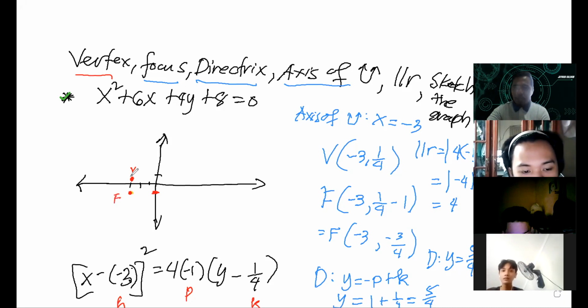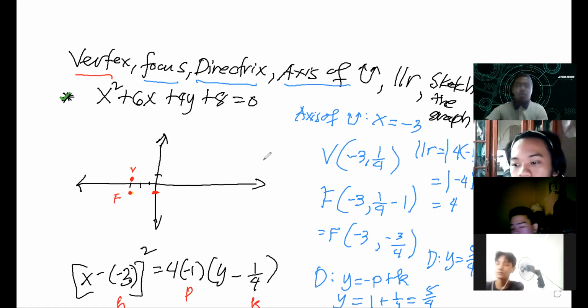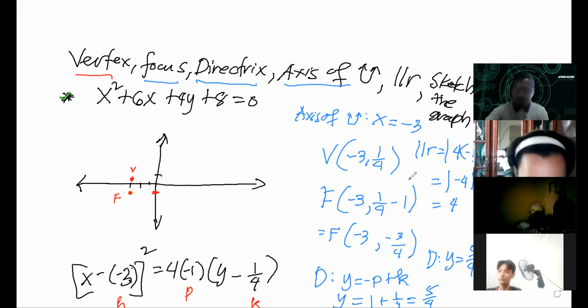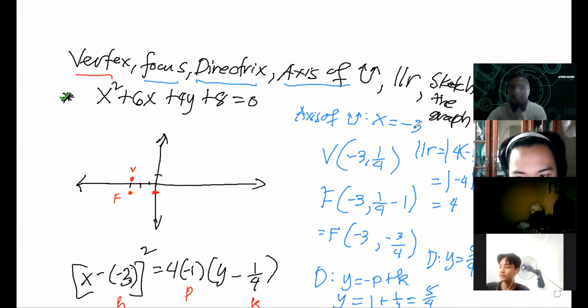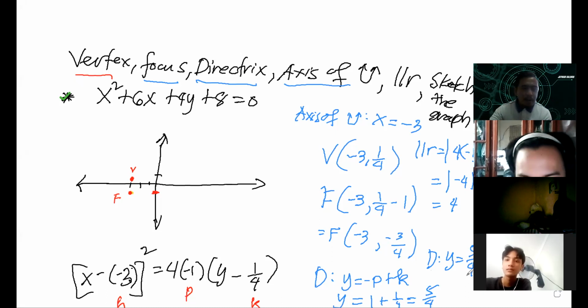So probably since the vertex is there and the focus is there, your parabola is opening down here, right? And actually your p is negative. You know that already. So, how about your directrix? I will call John, directrix. Sir, can you graph the directrix of your parabola?